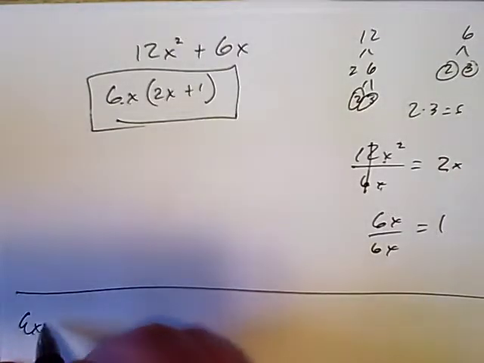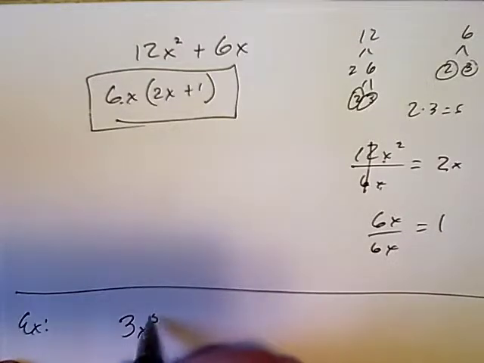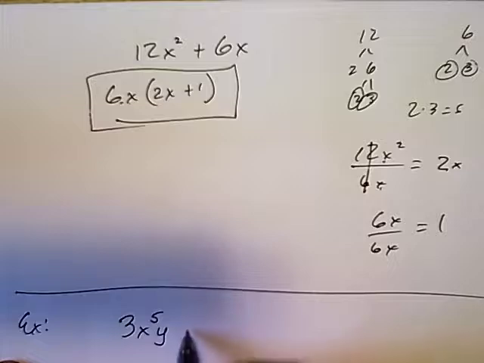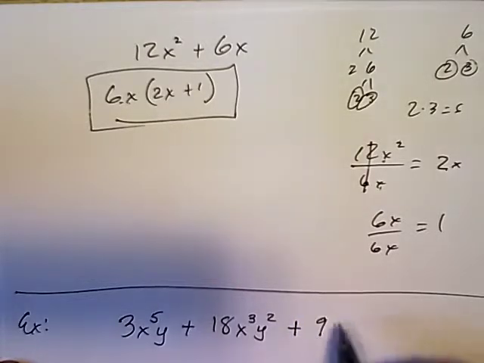All right, let's take a look at another example here. What if we had 3x to the 5th y plus 18x to the 3rd y squared plus, let's go with a 9x to the 4th y to the 3rd.